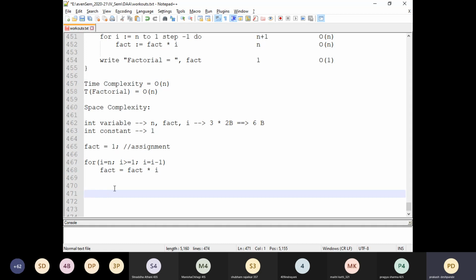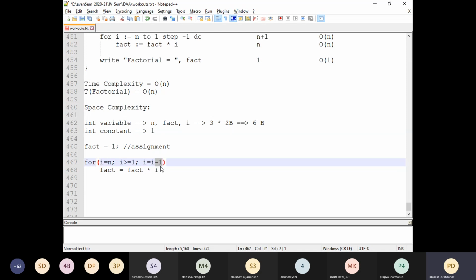Okay, now after that we have one more operation here: I equals I minus 1. Here the left hand side is the I variable, which is already considered. The right hand side has a subtraction operation, I minus 1.